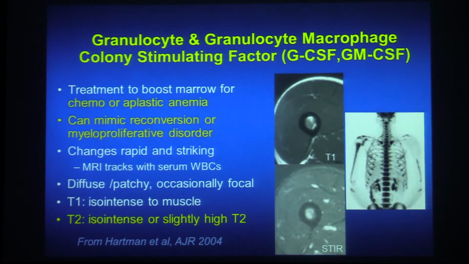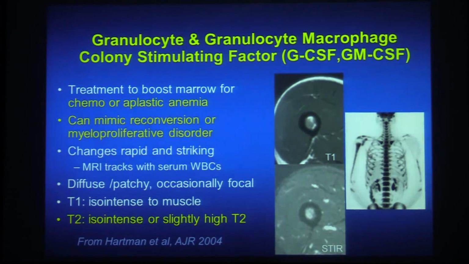The other thing that can be very confusing, and I won't tell you that I fully understand it, I just know it's a problem, is that patients on chemotherapy or aplastic anemia can be treated to boost their marrow with a granulocyte stimulating factor, and that can really give a confusing appearance because it will mimic marrow reconversion or myeloproliferative disorder.